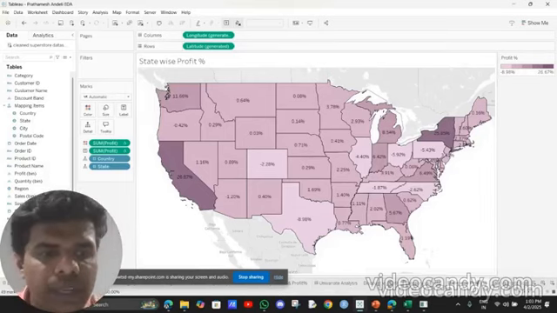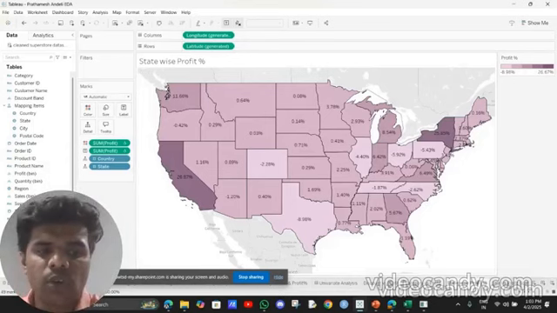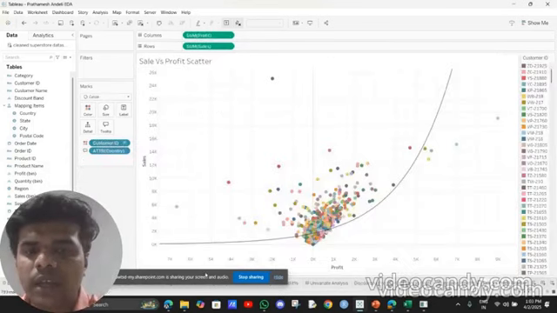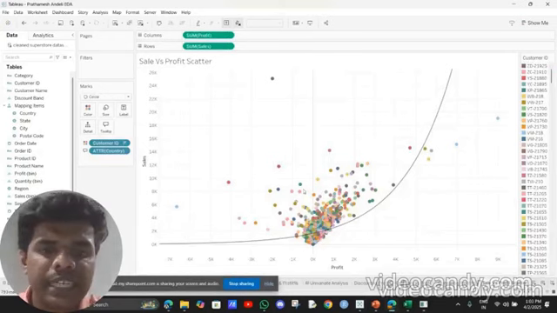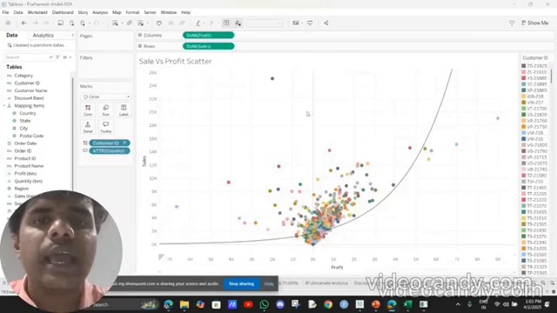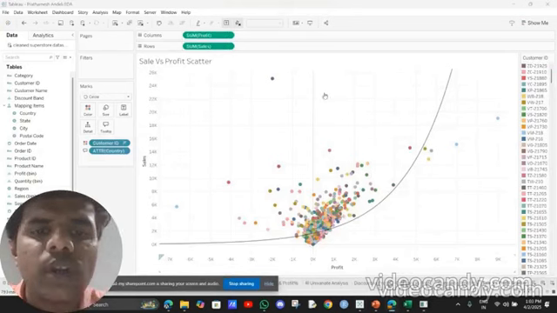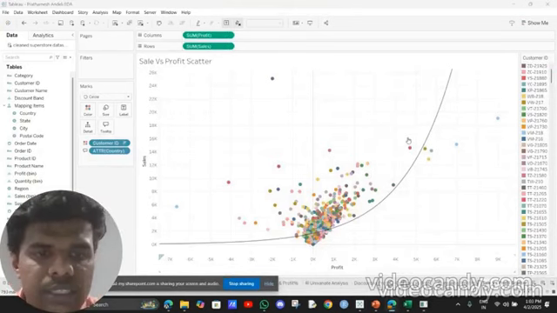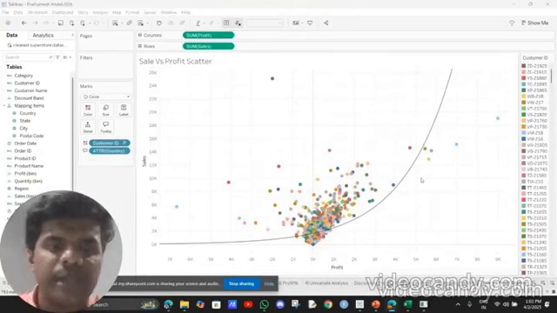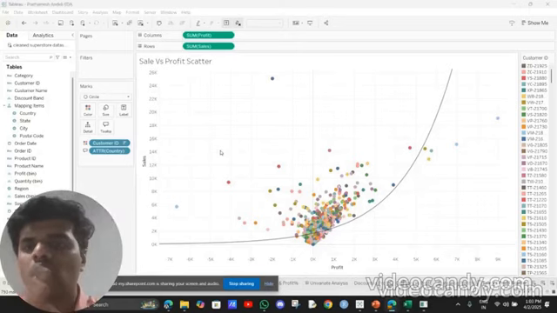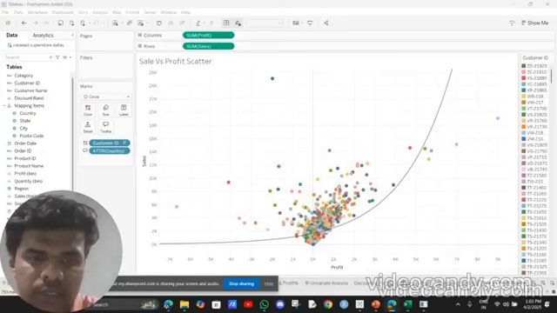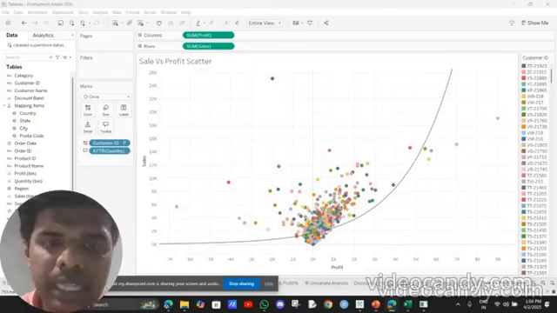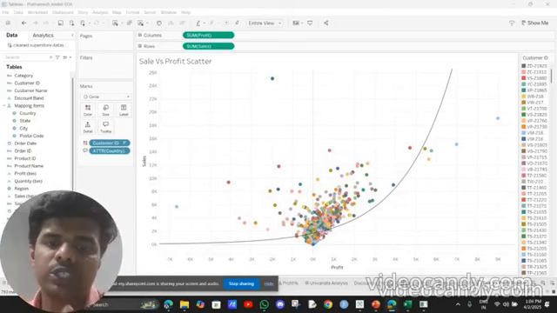So moving on, next is the sales versus profit scatter plot. Here I have plotted all the customer data points on this plot, and this middle line is called the zero line. On the right side of this line, there is a profit-making area, and this is the loss-making area. So we can see that most of the transactions are happening in the break-even phase. Break-even means there is no profit, no loss situation for the retail organization.